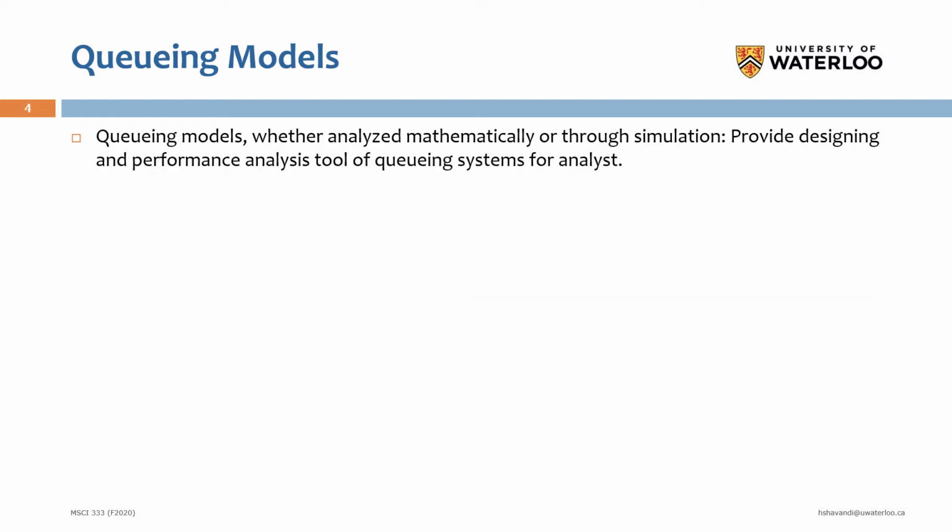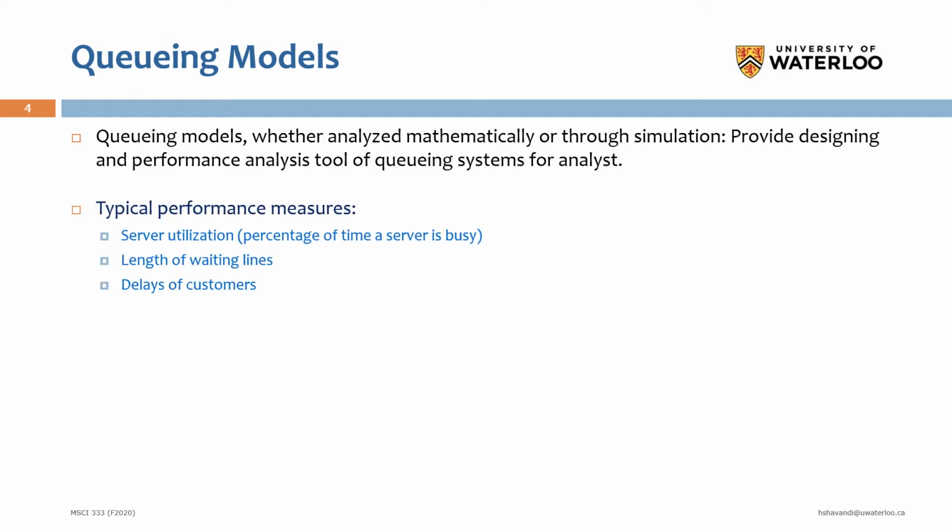We model the service systems as a queuing model, and then we analyze the queuing model to obtain some performance measures, in order to use those measures in the analysis or design of such systems. For example, the measures we need to analyze or design a service system could be server utilization, length of waiting lines, and delays of customers.